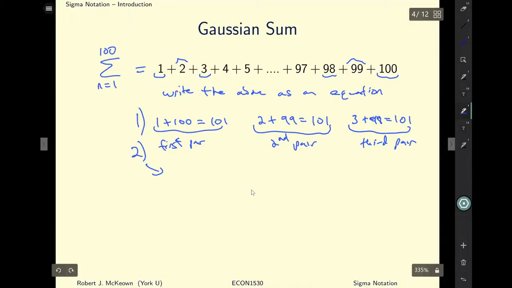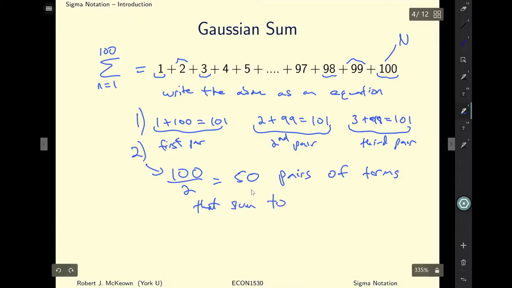Notice that we have 100, this is big N. We have 100 divided by 2 equals 50 pairs of terms that sum to 101.